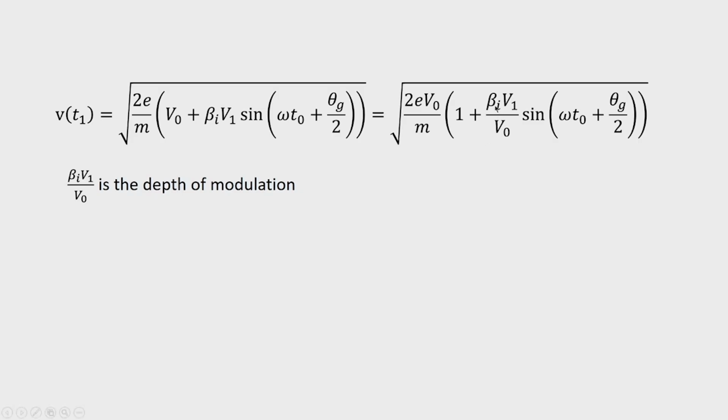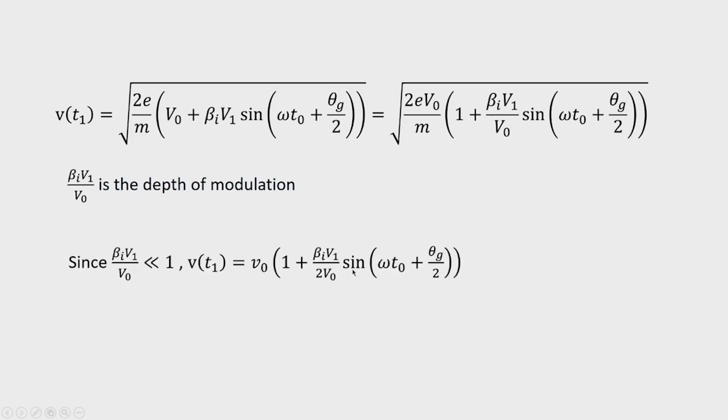because depending upon this we now find that apart from this velocity root 2 E V naught by m, which is the dc component of the velocity, or small v naught, this will now change because of this factor.